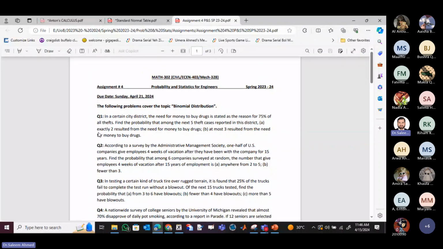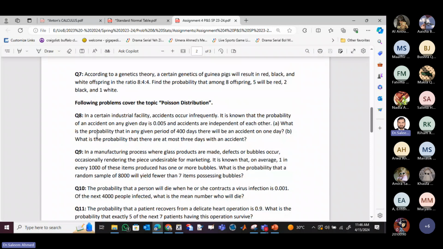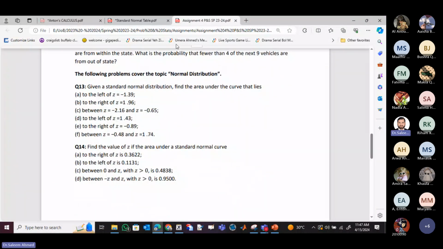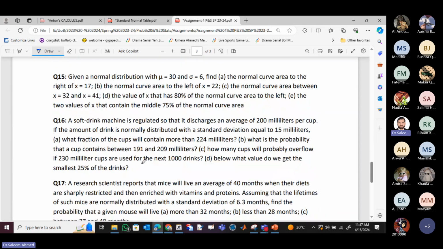Here there are questions from the normal distribution. The first questions here are straightforward because they simply ask what is the area to the left of z, to the right of z. So we know how to do that, right? Between these two values. The actual issue is when it is given as a problem.